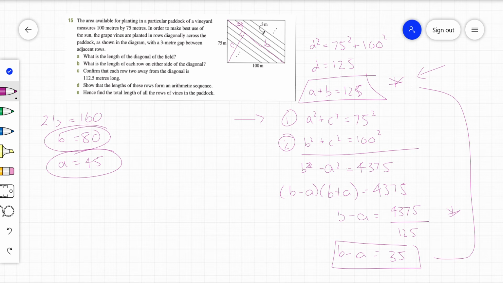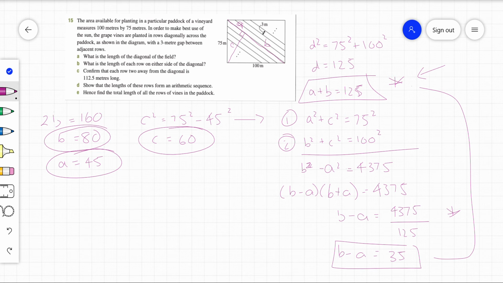So we've got C squared is 75 squared. And now I'm going to subtract 45 squared for A squared, and square root that as well. So we're going to get C equals 60. So once we have those, we can find everything else we need.